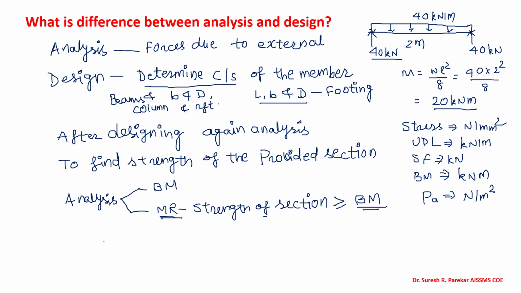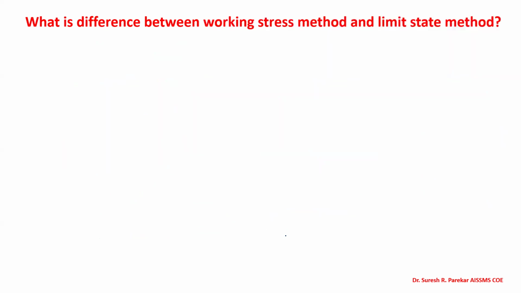If we have an axially loaded column, then the strength of the column should be greater than the load coming on it. So likewise, we have to do the analysis and design. Simply, analysis to find forces, design to find cross section. After designing, again analysis to find strength of the section.